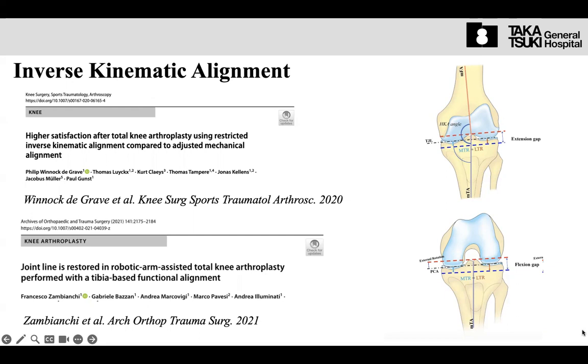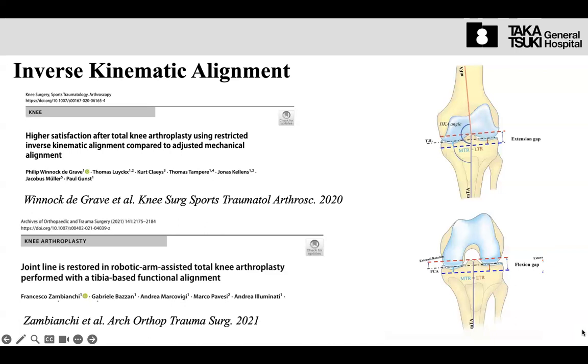And at the same time, in flexion, femur cut parallel to the tibia cutting plane. That's a similar procedure to the gap balancing technique, but the difference again is that both tibia and femur cuts are not mechanically perpendicular to the tibia axis and femur axis.